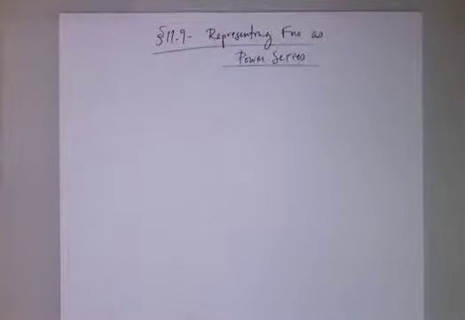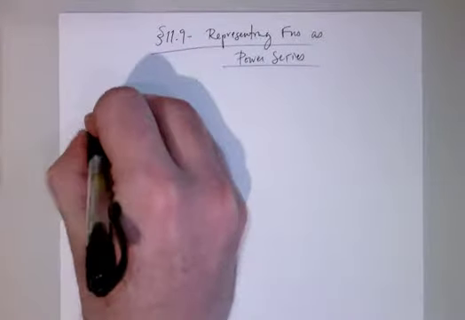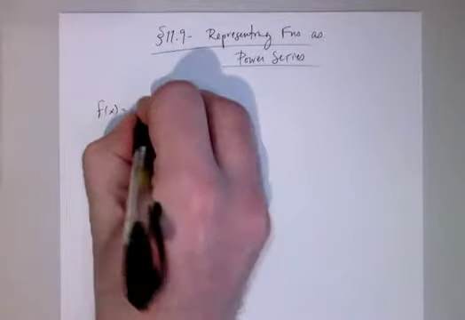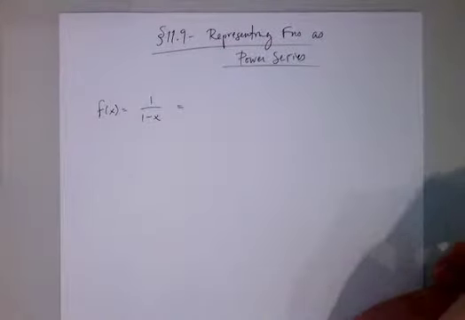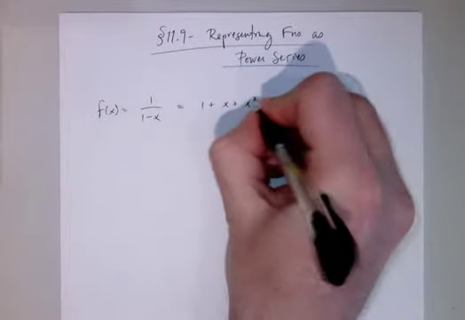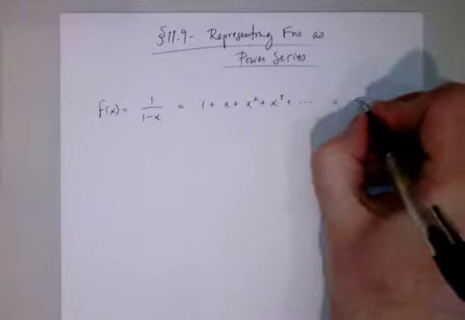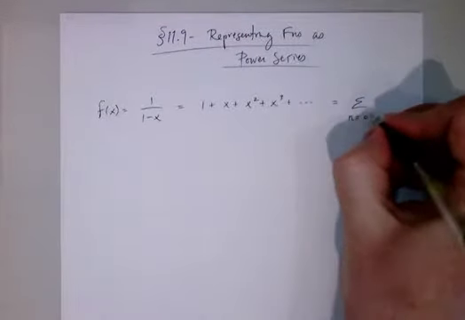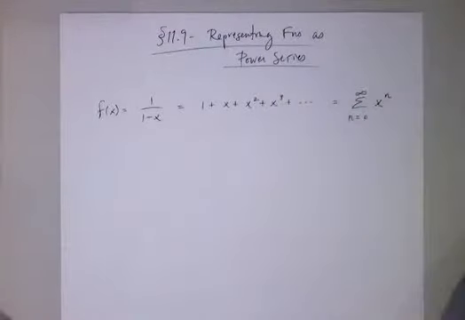Now, obviously at this point, the only one that we are really familiar with is the fact that f of x is equal to 1 over 1 minus x can be represented as this power series, and that just winds up being the sum of x to the n.